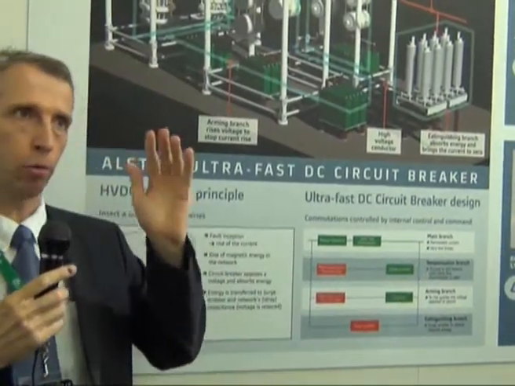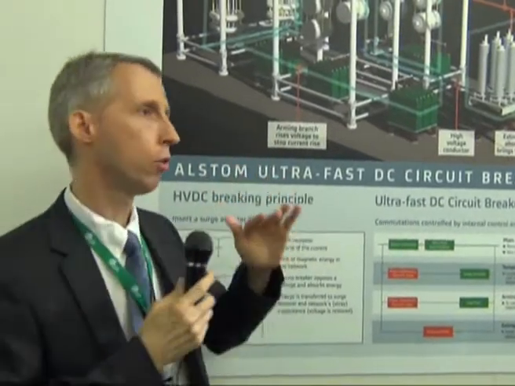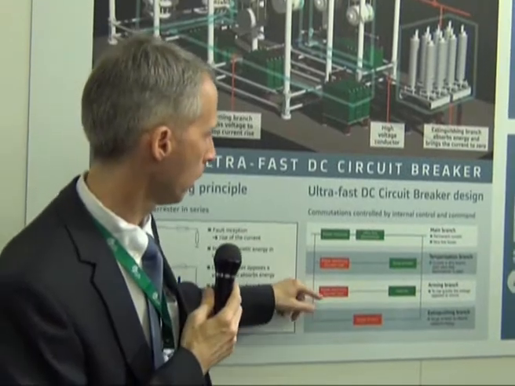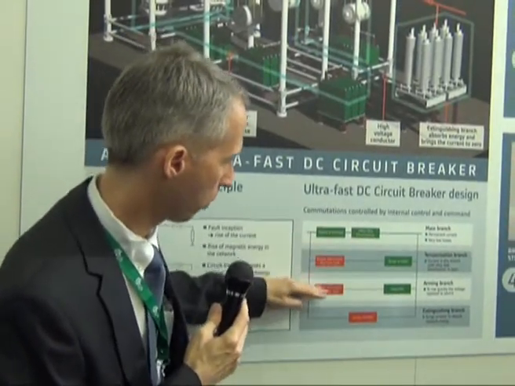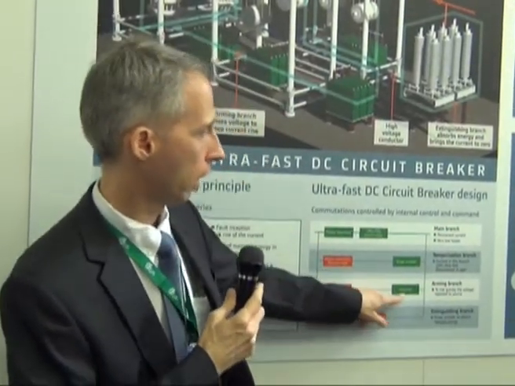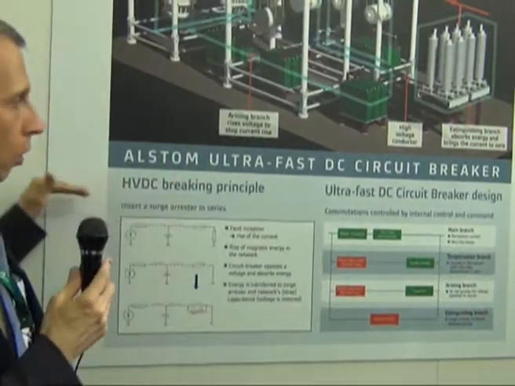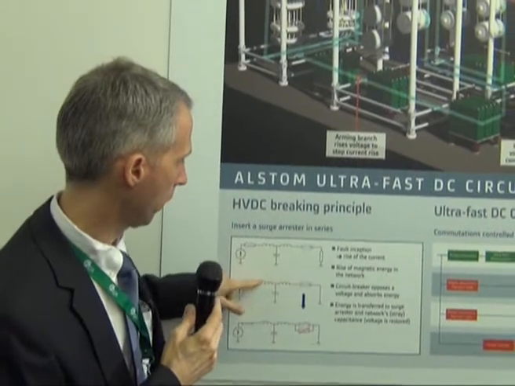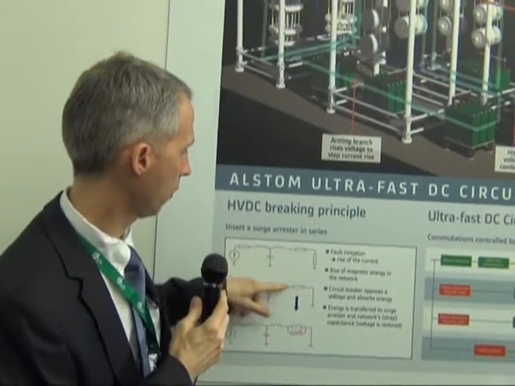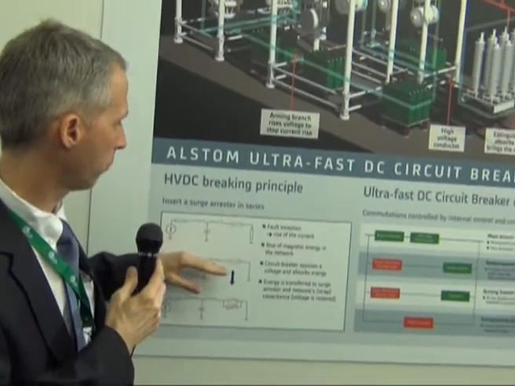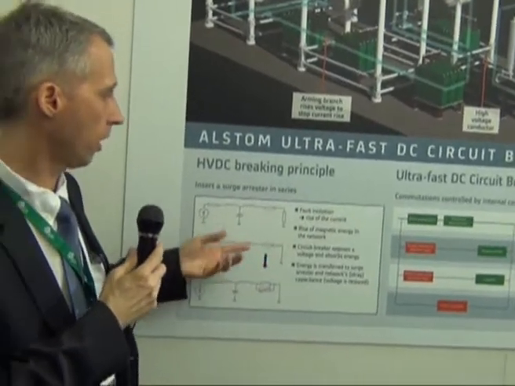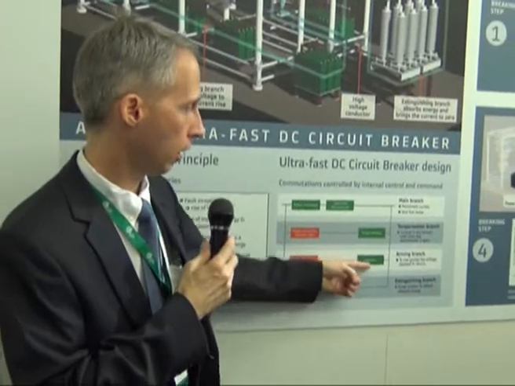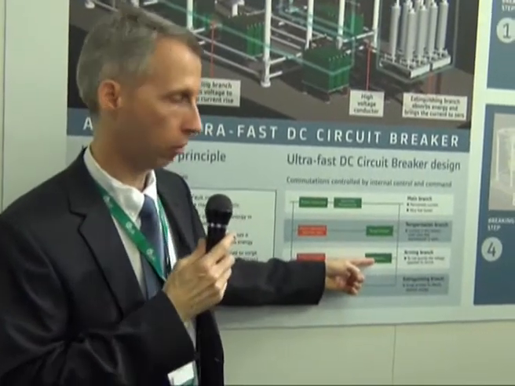Once this is able to withstand the high voltage, the current is running here. You want now to oppose more the network voltage to the whole system. This is done in this branch here. This is switched on, the current is commutated in this branch, and here we have a capacitor which is fed by the magnetic energy in the network. The energy which is here in magnetic form, you can see this energy by the current that it drives and the voltage that is uploaded here into this capacitor.